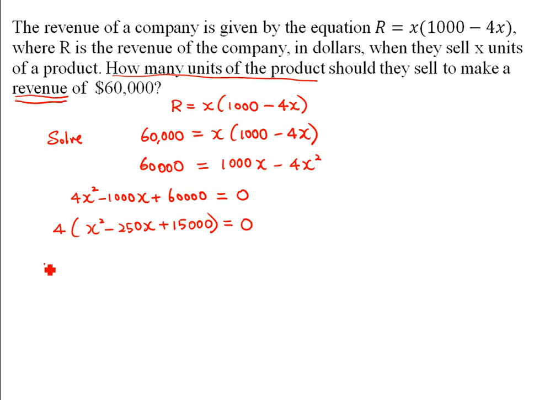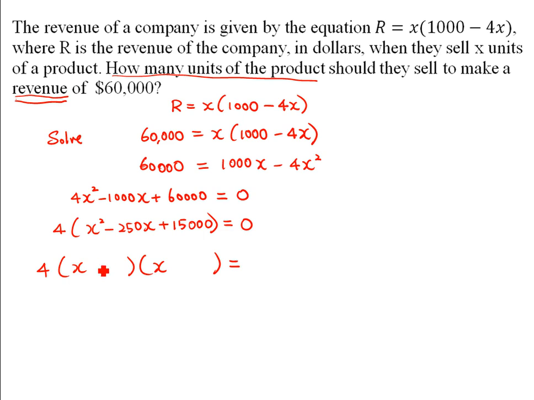Let's see. We have 4 times... Now we need to find a pair that multiplied together is equal to 15,000 and added together is equal to negative 250.